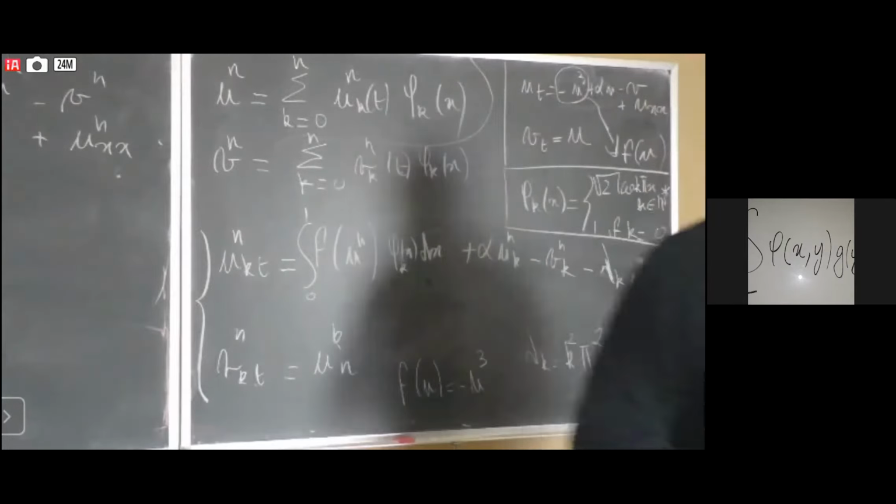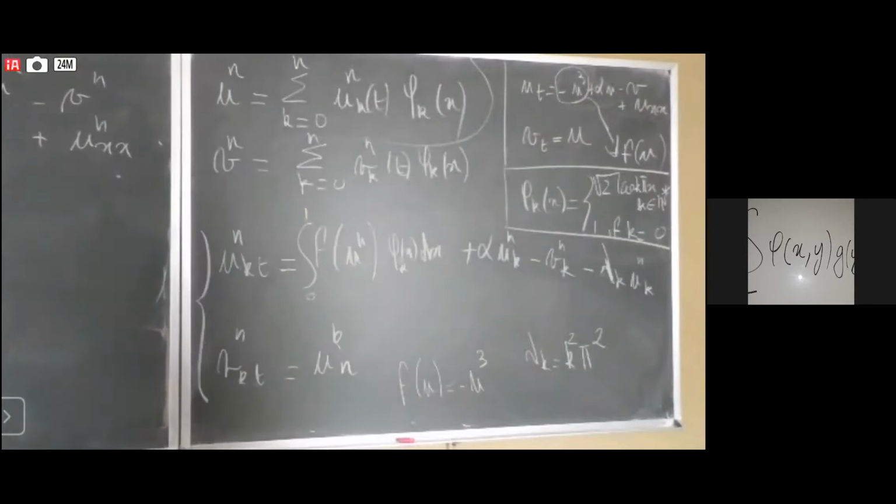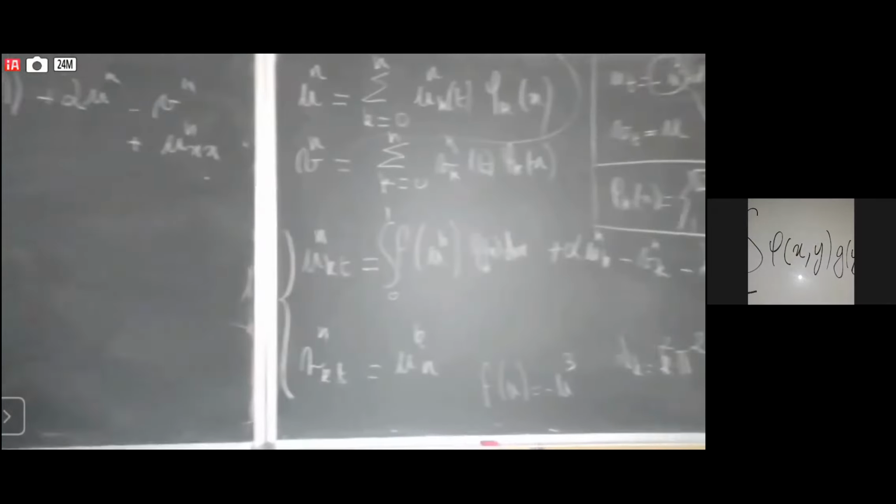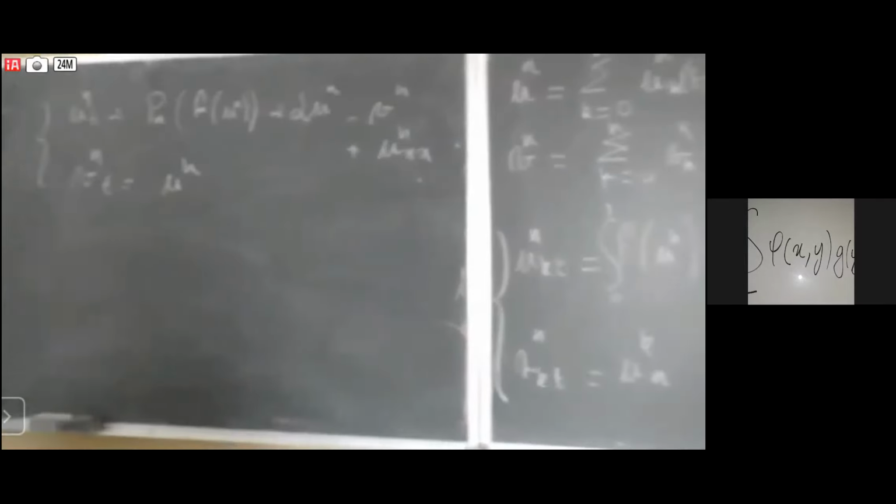Now, if you multiply each of these equations by phi k and you sum up all the equations, you will find this equation.